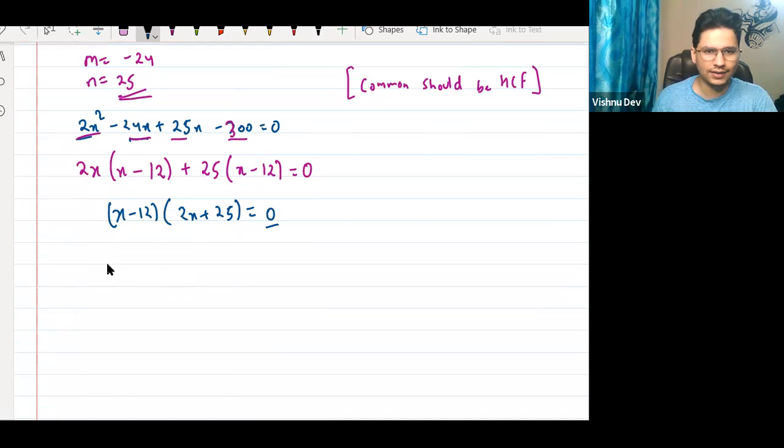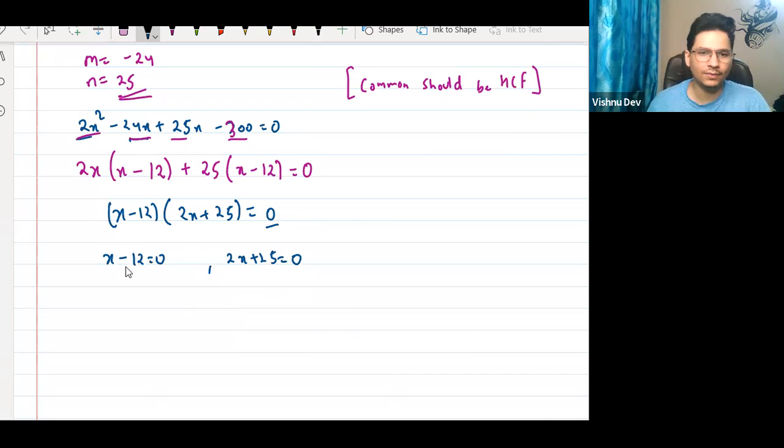Now tell me, what is the value of x which satisfies this equation? Can I say, sir, either this or this? Yes or no? Yes, sir. So tell me, if you take x minus 12 equal to 0, what is the value of x? x will be 12. Very good.